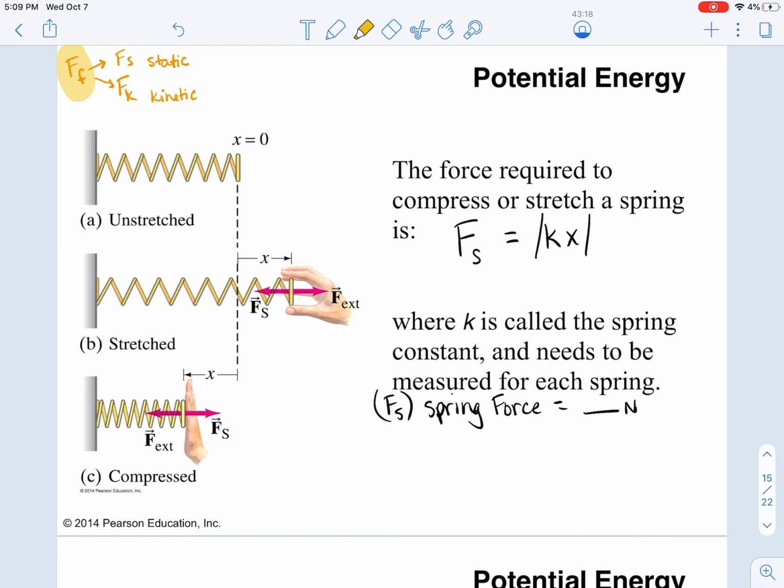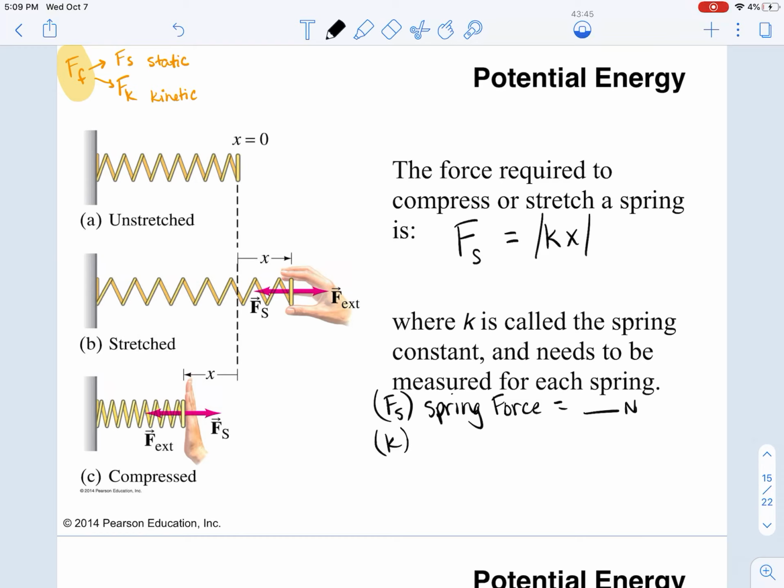Verbally, we discuss that it's the static or it's the kinetic, but whenever I'm identifying my forces, I'm pretty general and I say F of f. So I will continue to do that because we will have frictional forces in this chapter as well. So anytime you see F of S in this chapter, that is going to represent a capital S for the spring force. So make sure that you are not confused moving forward.